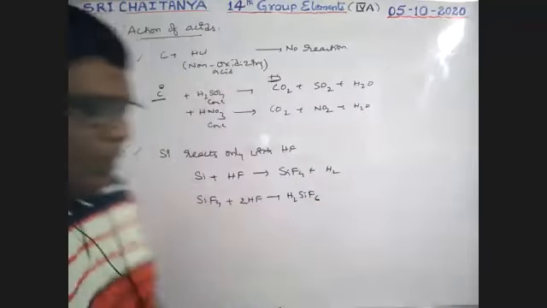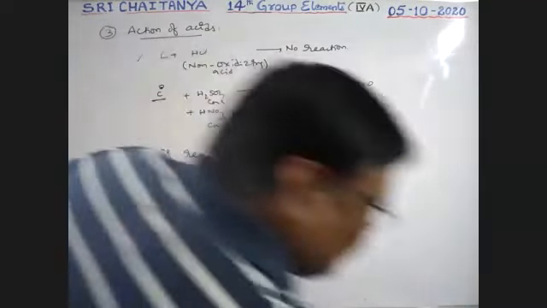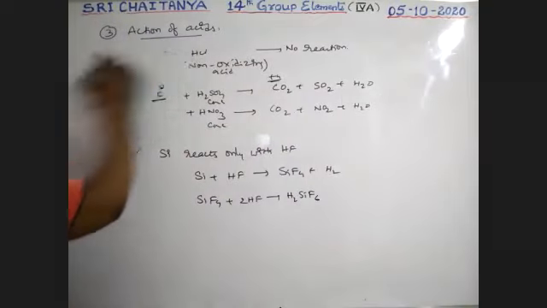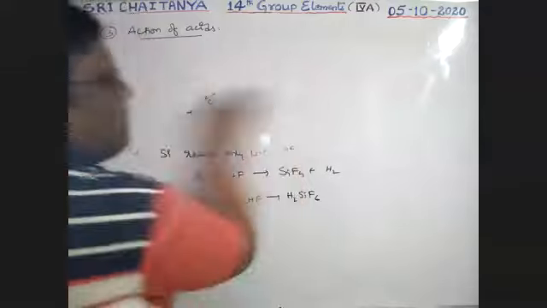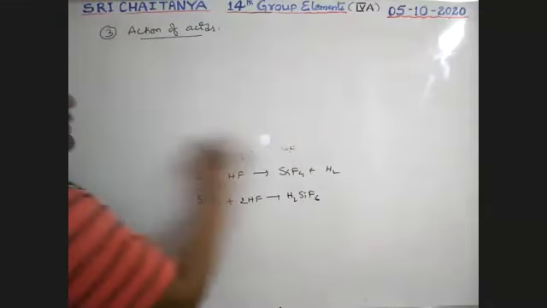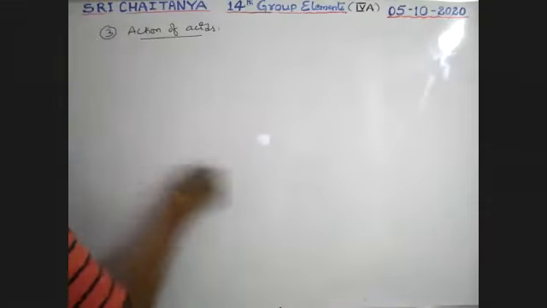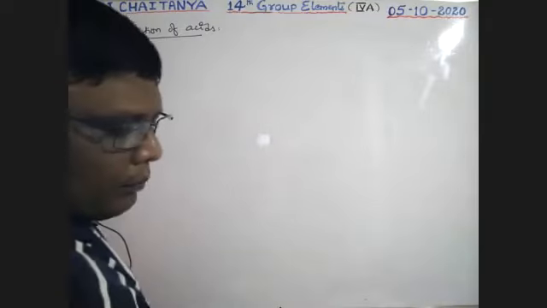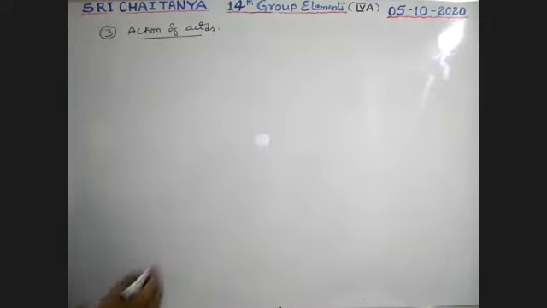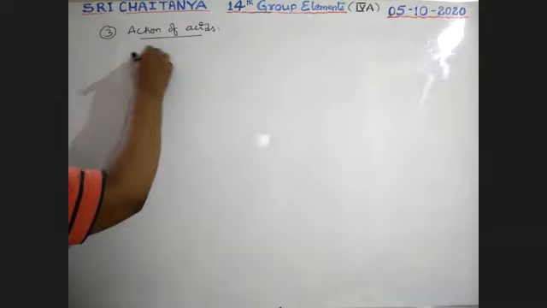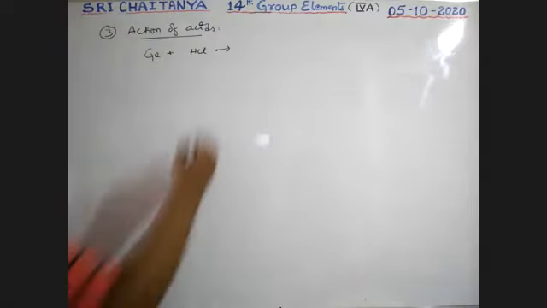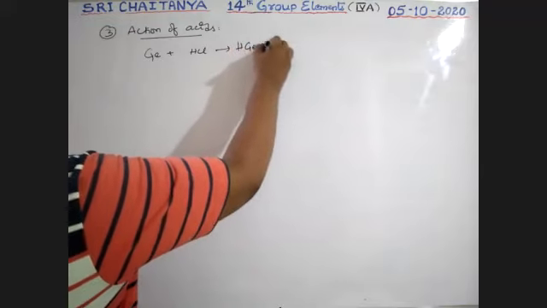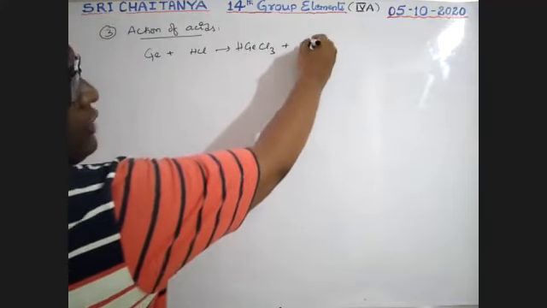Next, germanium. How does germanium react with acids? See here, please note each and every reaction. Germanium, when it reacts with dilute HCl, gives HGeCl3 plus H2.